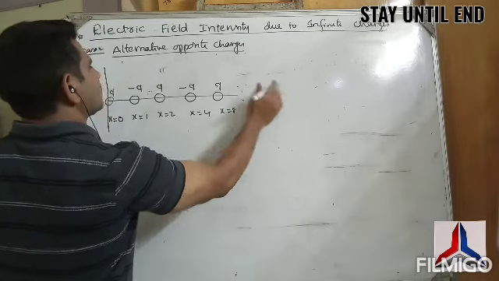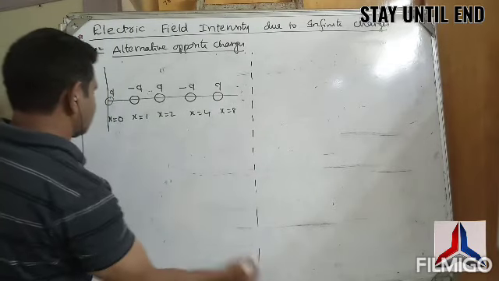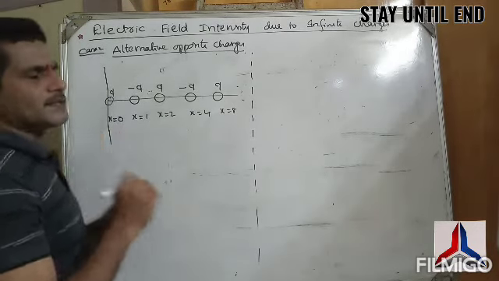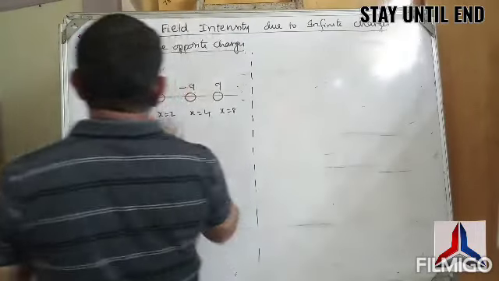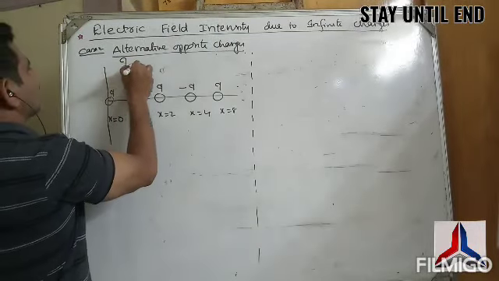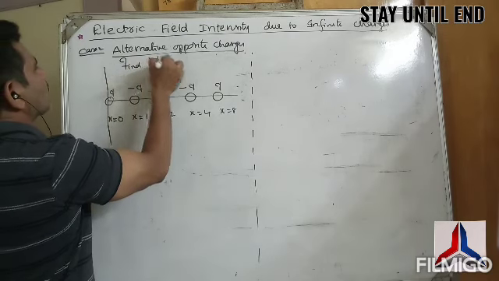Up to this extent is enough, because we already get the idea. So the question is: what is the electric field intensity at the origin? In this question, find the electric field intensity at the origin.